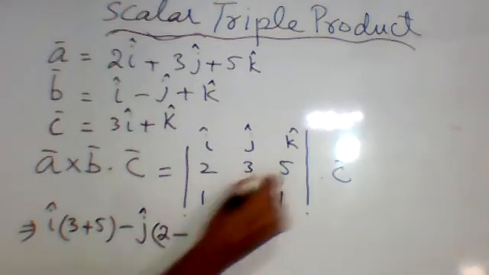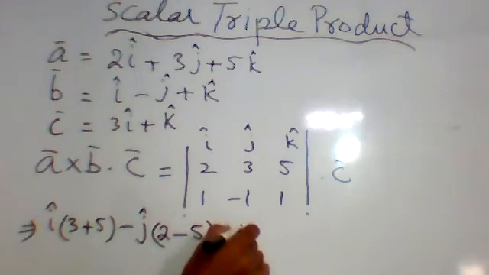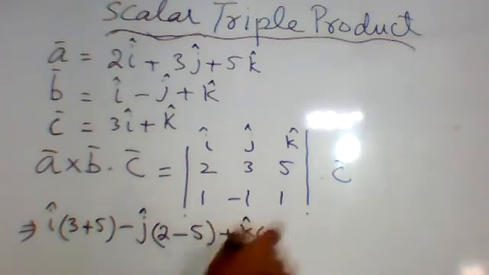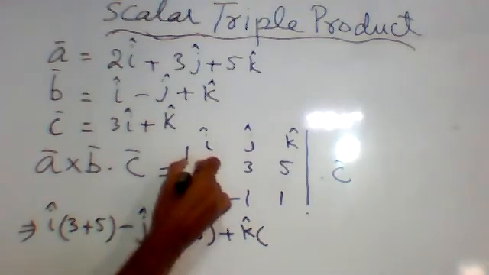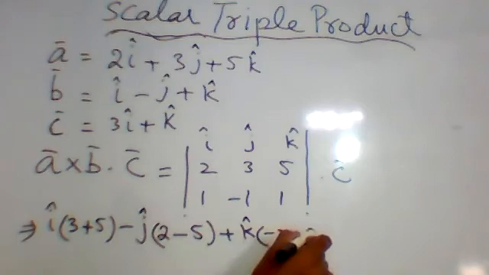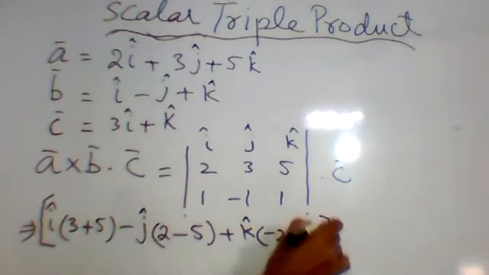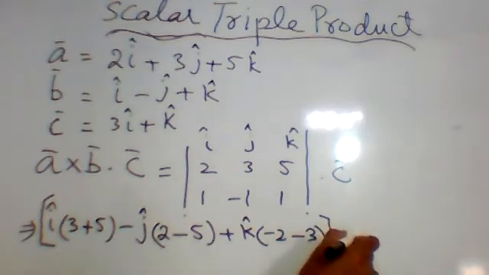Minus 5 into 1 will be 5. Plus k: leave the kth column and row. 2 into minus 1 will be minus 2. Minus 3 into 1 will be 3. So this is A cross B. Put the larger bracket, then dot C.